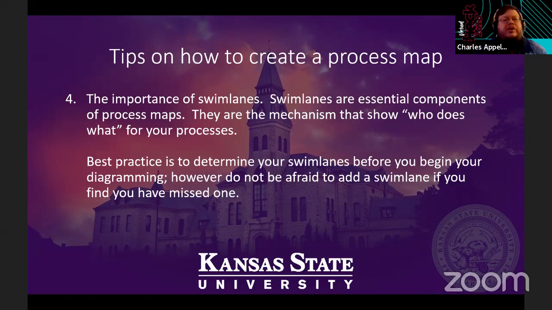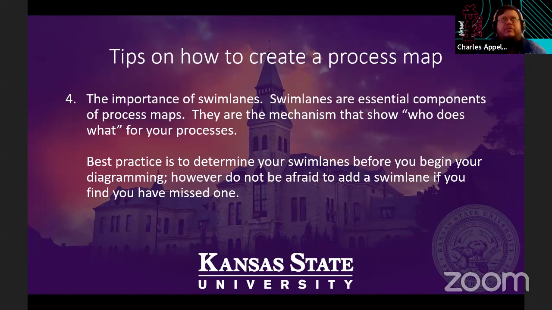Now, one thing we'll caution on, as a best practice, is to think out your swim lanes before you start your mapping process. This will make it a lot easier. Trying to add a lane in later can be a little difficult if you've already got a lot of your diagram done. However, if you did miss a swim lane, definitely go and add it in.